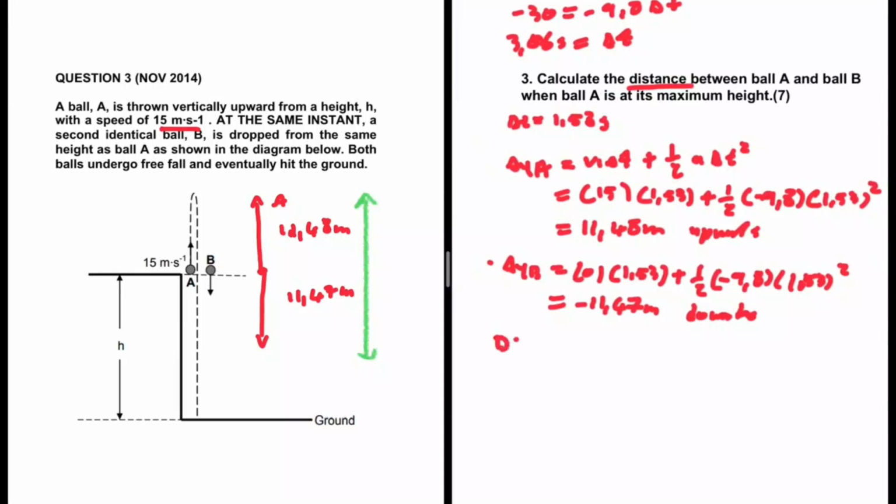So the distance will be equal to 11.48 plus 11.47. Distance is a scalar. You don't have to worry about the minus signs. You just add everything with a positive sign. This will give us 22.95 meters. They're 22.95 meters apart from each other.